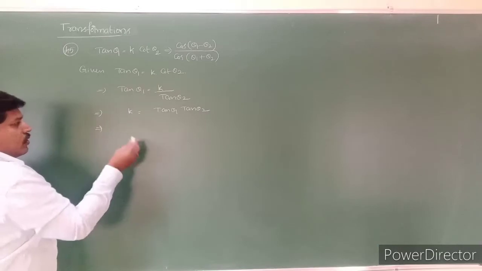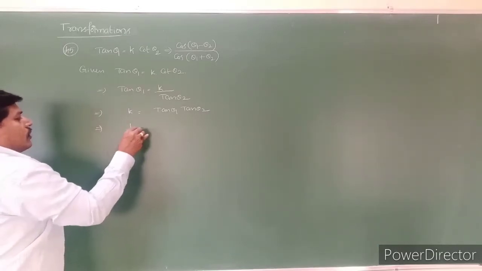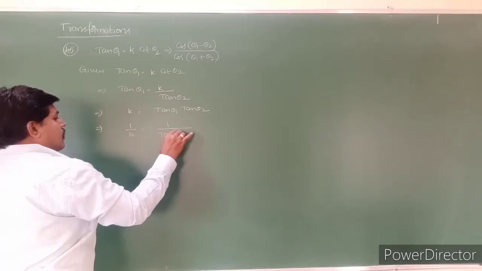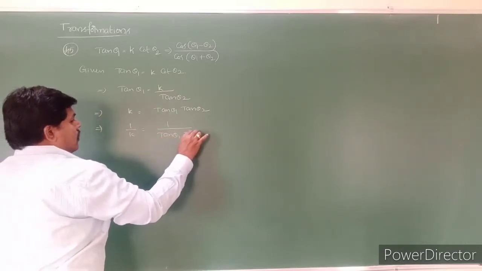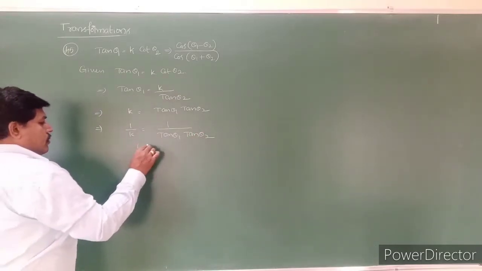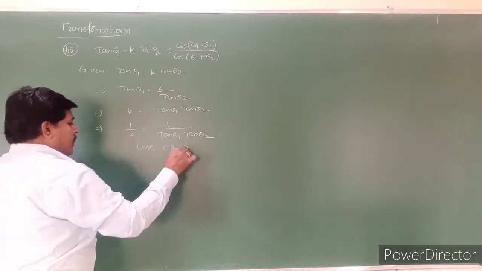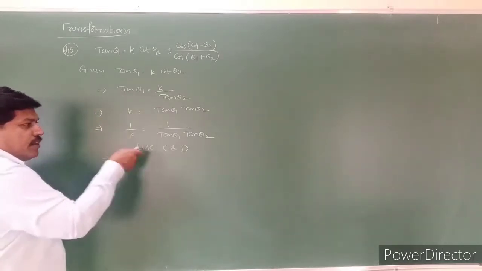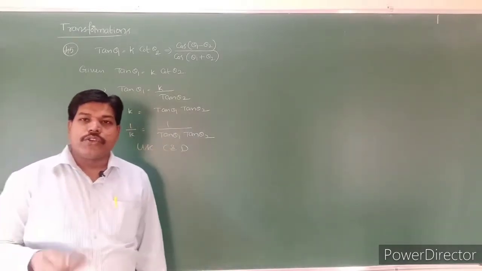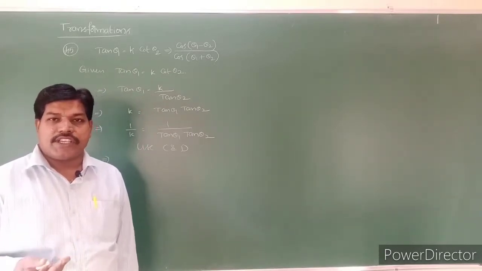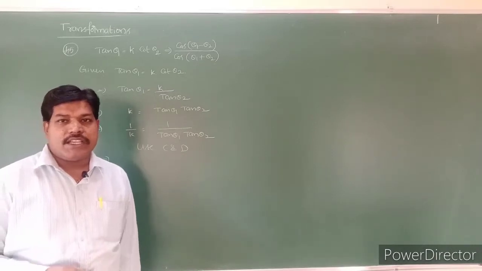I will take the reciprocals. 1 by k is equal to 1 by (tan theta 1 tan theta 2). So use the componendo and dividendo formula. If a by b is equal to c by d, then (a plus b) by (a minus b) is equal to (c plus d) by (c minus d).